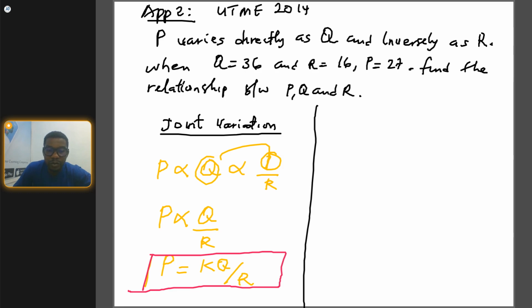They've given us that Q is 36 and R is 16 and P is 27.